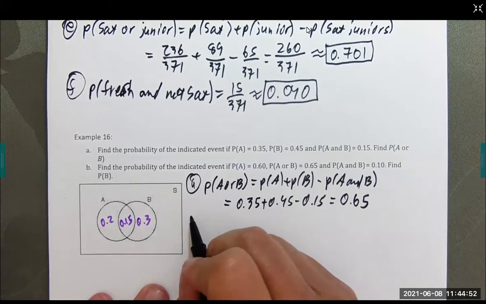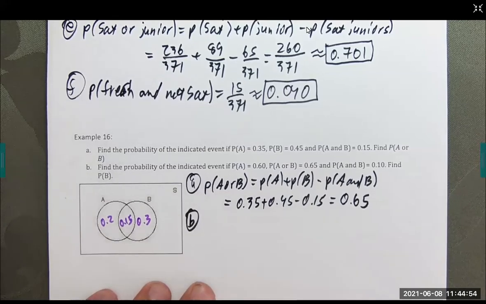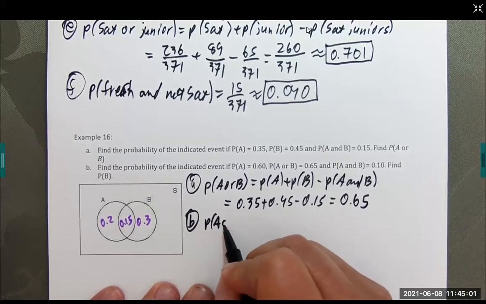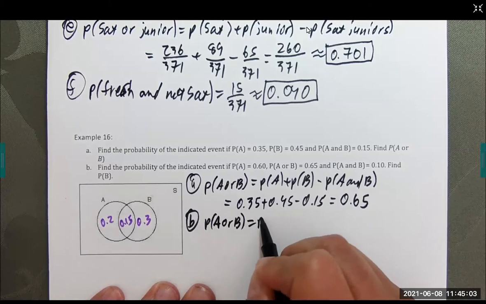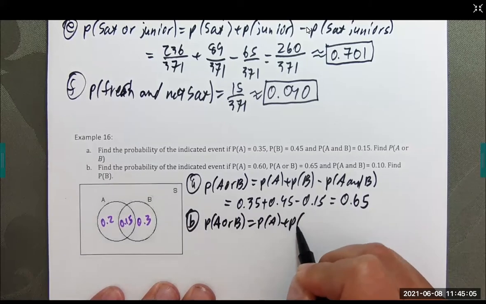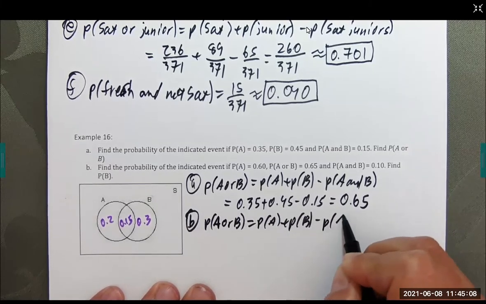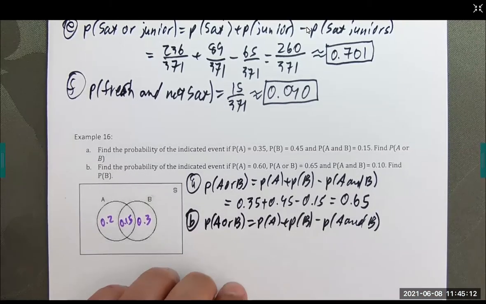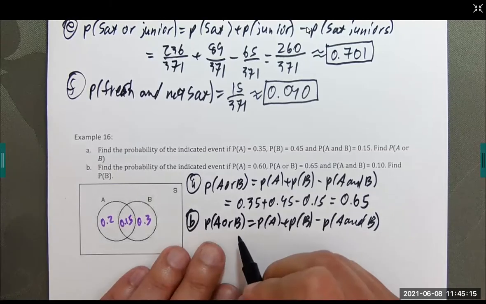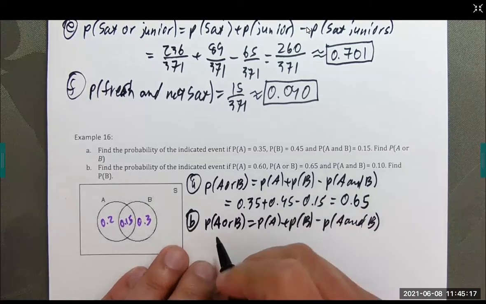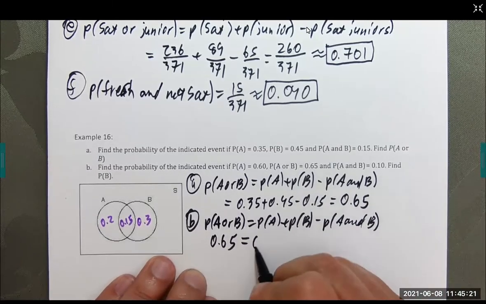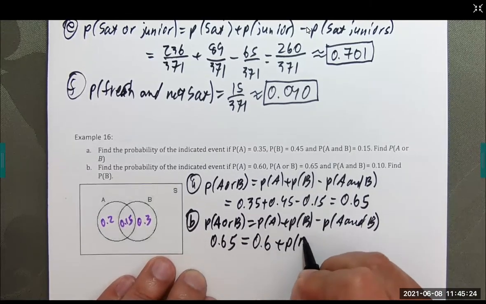Right, part B. All right, so here they give us this here, but now they're giving us information. P of A or B, they tell us what that is right here, 0.65. P of A is 0.6. P of B is what we're looking for.